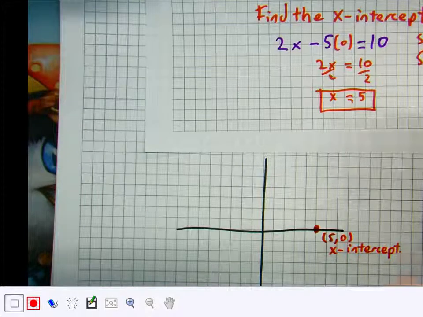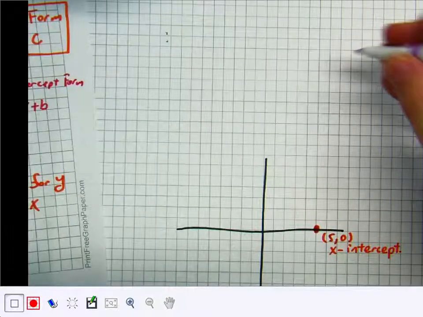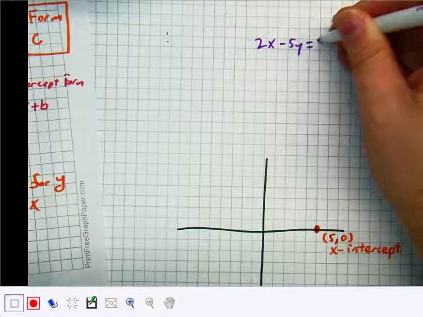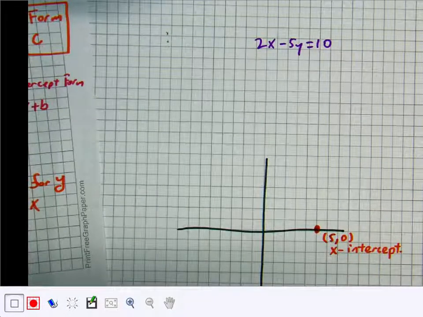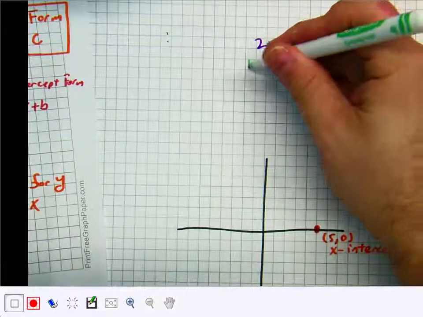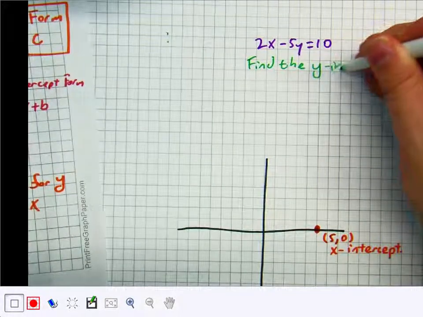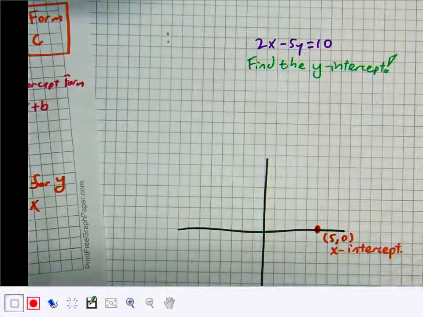So now, let's say I have my x-intercept, and I still have 2x minus 5y equals 10. I found my x-intercept. Now I'm asking you to do something different. I'm saying, find the y-intercept! I'm still excited, so it still gets an exclamation point.